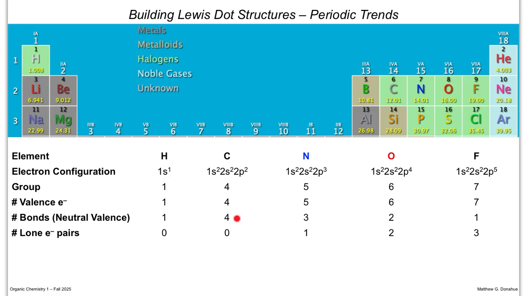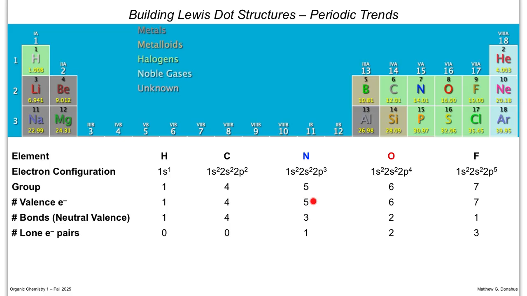So 4 bonds, a bond has 2 electrons, so 4 times 2 is 8. That's the octet rule. Carbon has no lone pairs. Nitrogen, it's an odd number now, 5, in terms of the valence electrons.